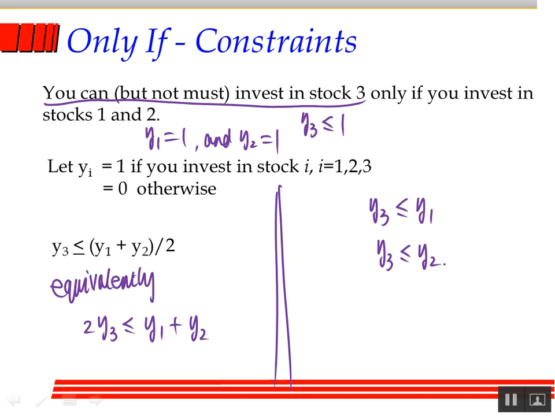So if either one of them is 0, then y3 has to be 0, right? And that's what we want. So y3 will be 0 if either one of the stocks is not invested. Okay, so those two relationships and this relationship, those are equivalent, right?